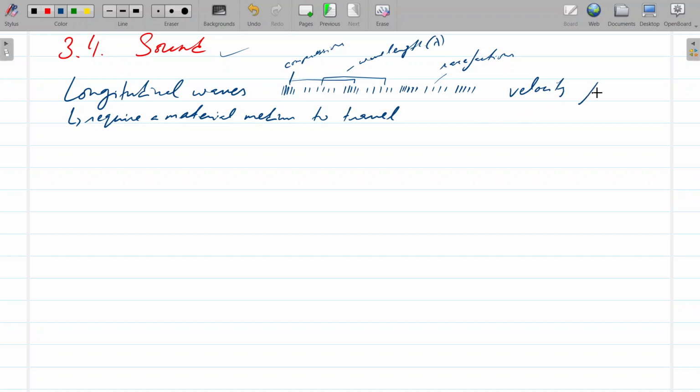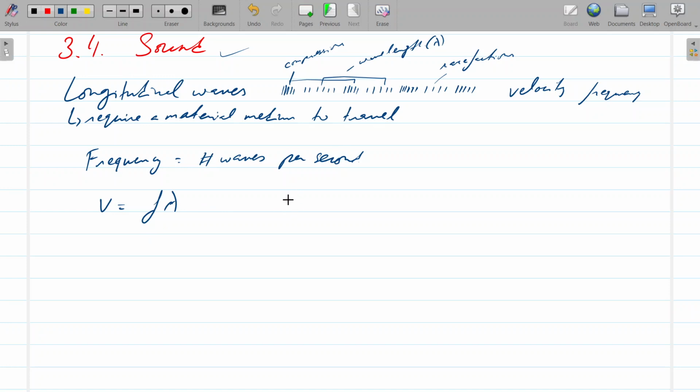They have frequency, which, as a recall, is the number of waves completed per second. And the longitudinal waves follow the wave equation, v equals f lambda, which is frequency times wavelength.